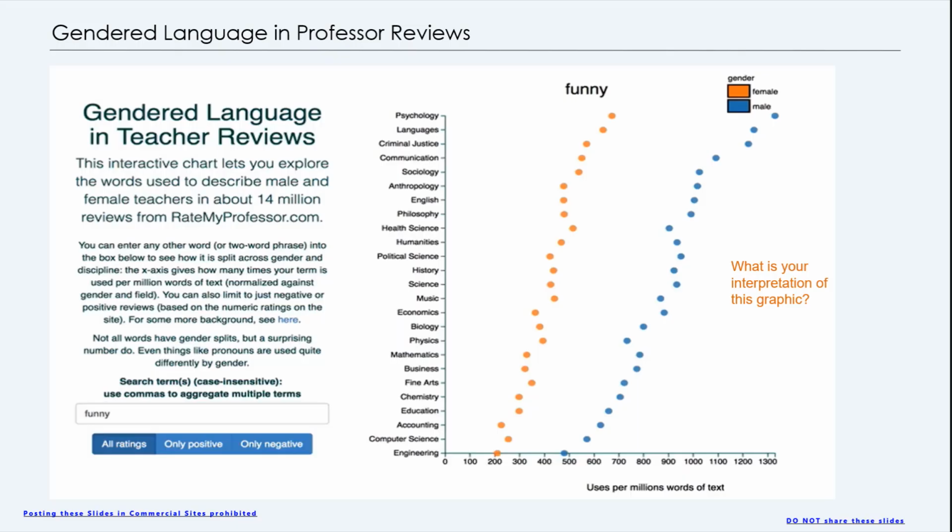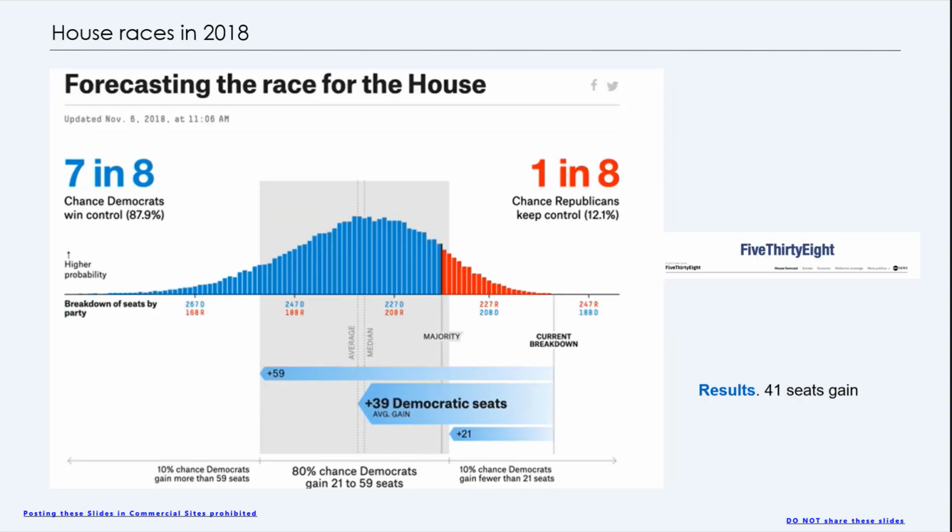Okay, in terms of interpretation of data, you can look at various graphs to see that this is from gendered language and teacher reviews, and are females more funny than males, and so on. So, depending on the area of computer science or something, you can make certain inferences.